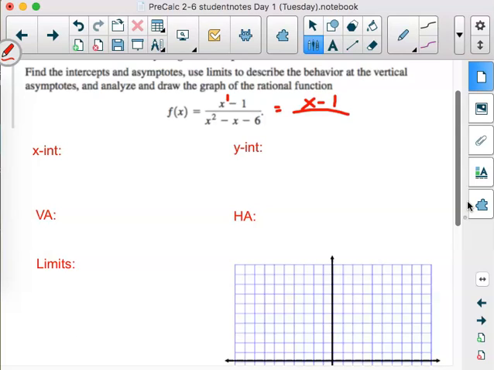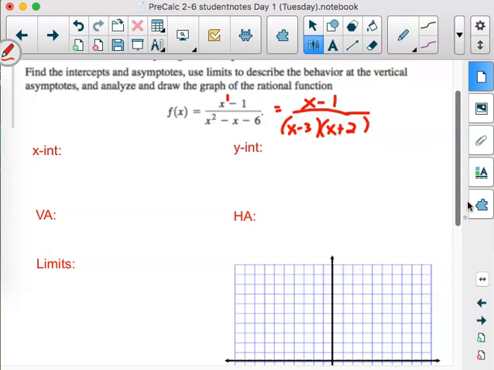But in my denominator, I'm looking for a greatest common monomial factor. There isn't one. It's not a perfect square trinomial because there's a -6 in the back, but very quick and easy to factor that and get x minus 3 and x plus 2. Multiply to -6 and add to -1. Now, like I said, that's where we start.